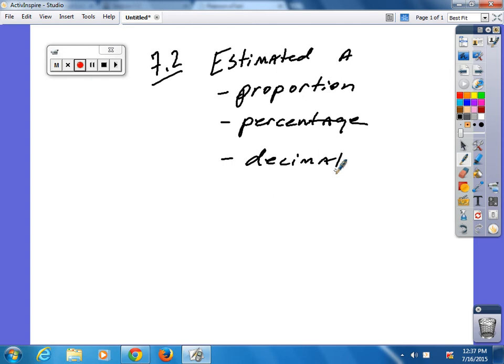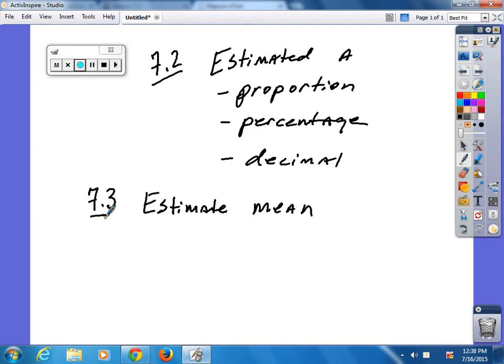Okay? And in this section 7.3, we're going to estimate a mean.